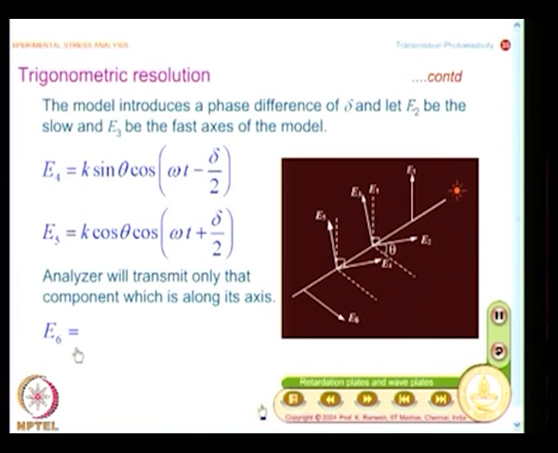Because the optical arrangement is very simple, we are in a position to do trigonometric resolution, and stage by stage we are able to incorporate what changes happen to the incident light vector. And we know E6 will pass only the light component parallel to this. We write an expression for E6 in terms of E4 and E5.